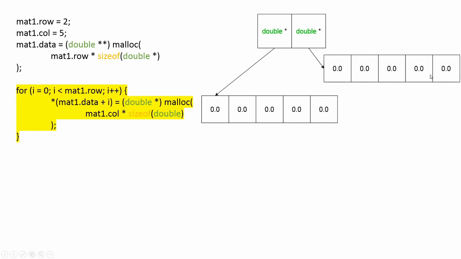So here I allocate 5 doubles. And this is going to be the second row, again with 5 columns that belong to my matrix. So I essentially create a 2 by 5 matrix, and this is the visualization of what's going on with the code. So now let's get back to the code.